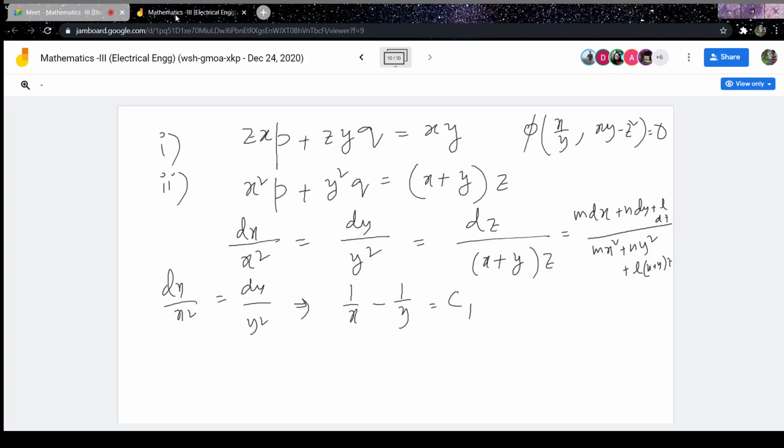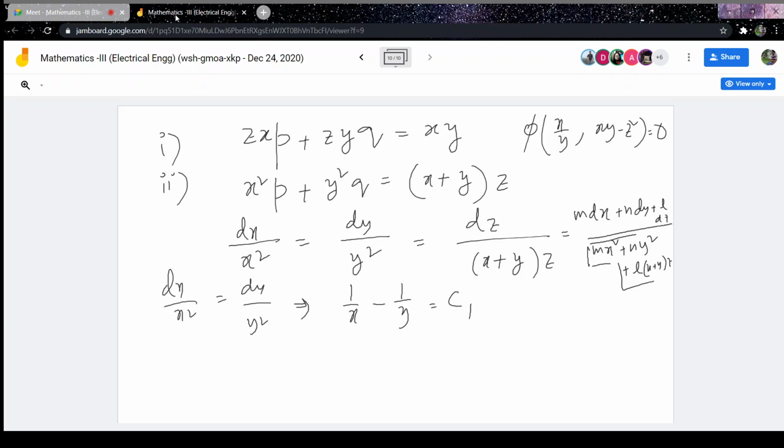Sometimes we try to make this denominator 0, so that whatever you get in the numerator will be equal to 0 and you can easily integrate. So we try to find those multipliers such that their sum is 0.